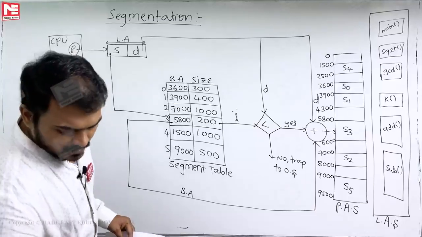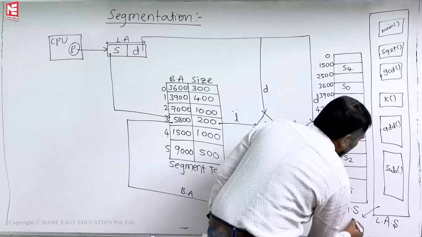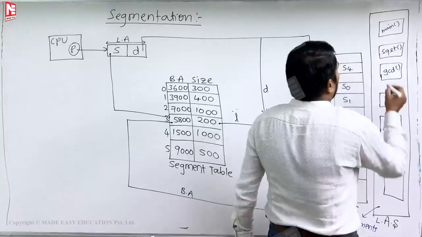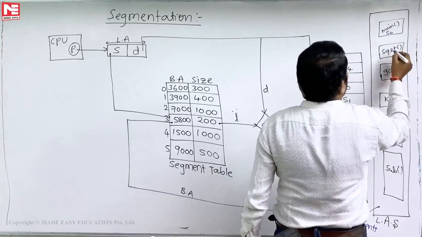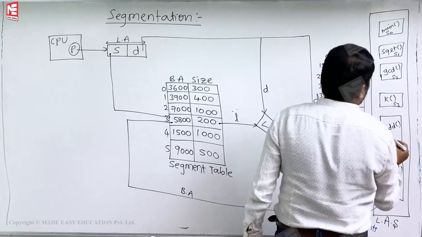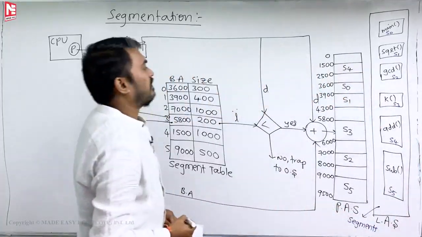So these are the segments. The LAS is divided into segments: segment 0, segment 1, segment 2, segment 3, segment 4 and segment 5.